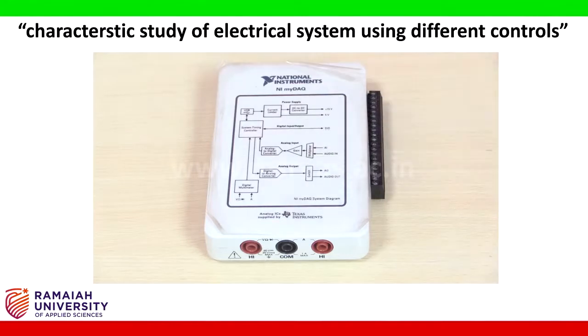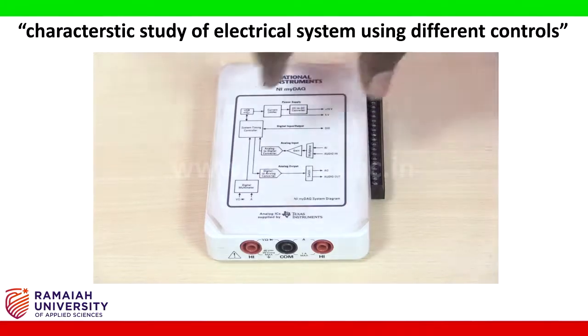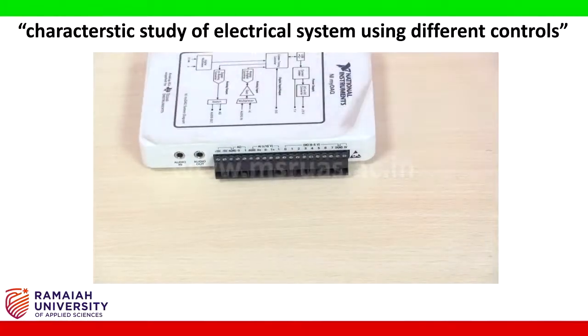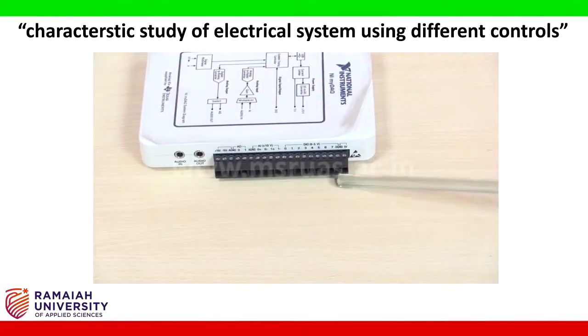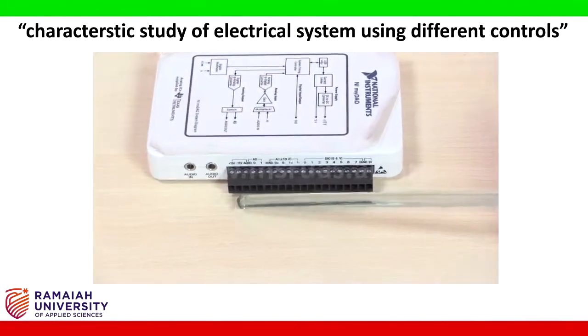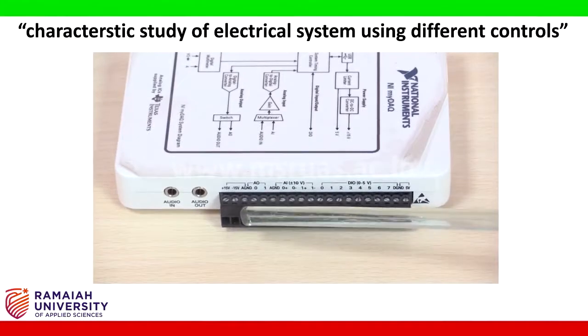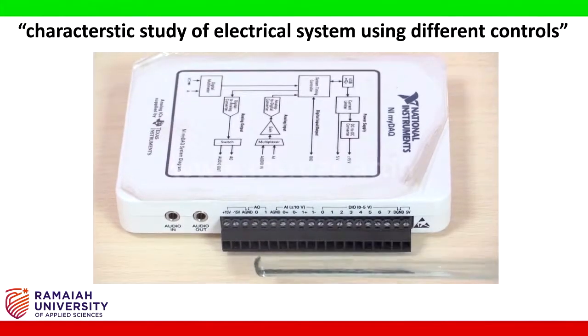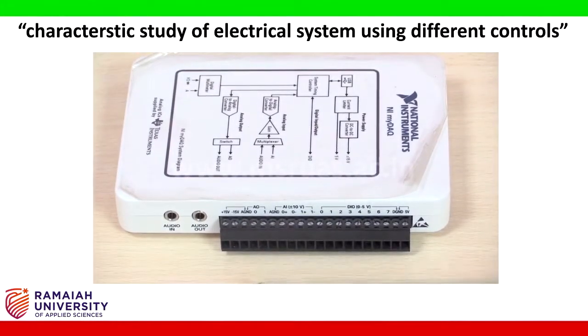This is a simple handheld device which contains two analog input channels, two analog output channels, as well as one set of digital ports. If you closely observe here, these are the terminals where we will be interfacing our analog sensors, as well as the signals required to be generated to your electrical system from the analog output channels.